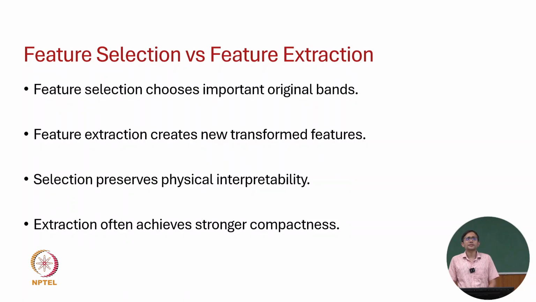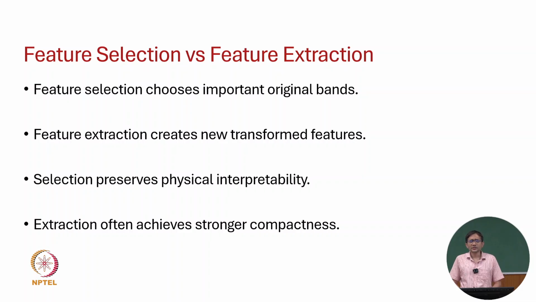Here, dimensionality reduction doesn't just mean one particular path. We have at least two different paths here. One is feature selection and another is feature extraction.